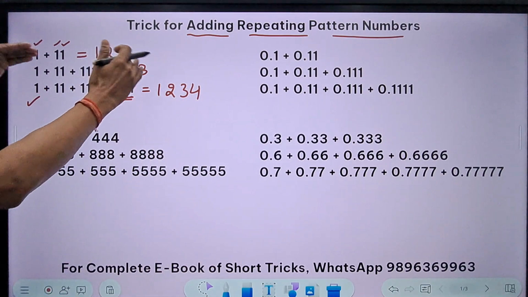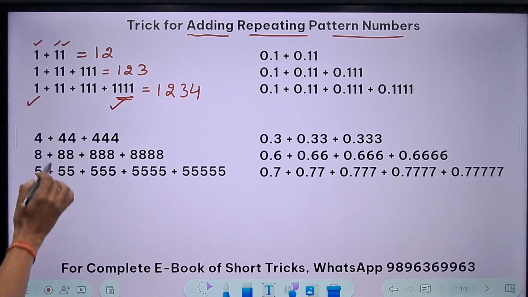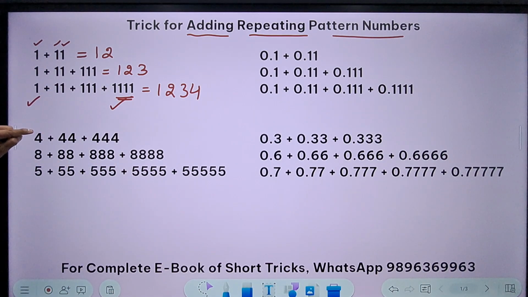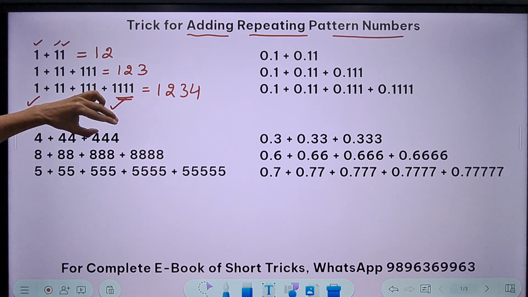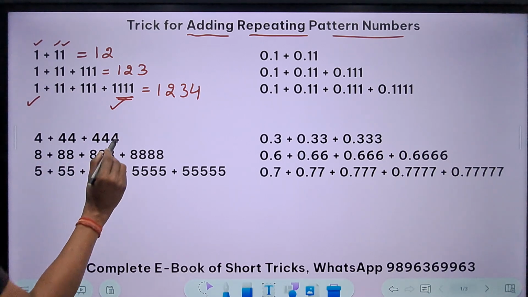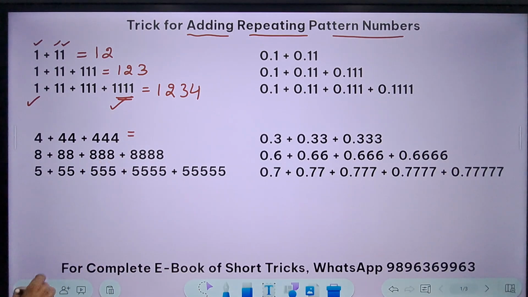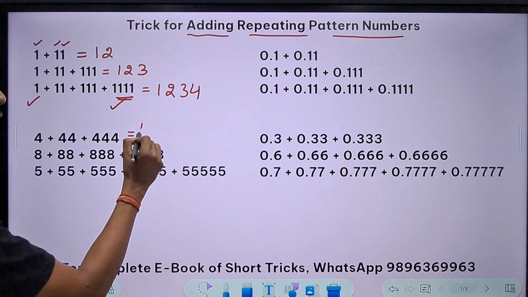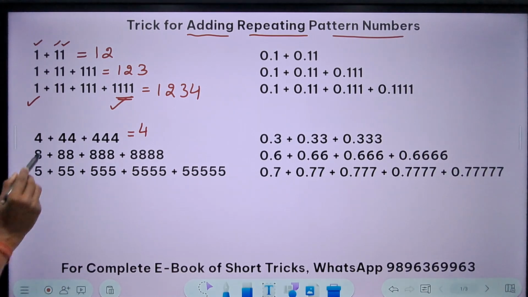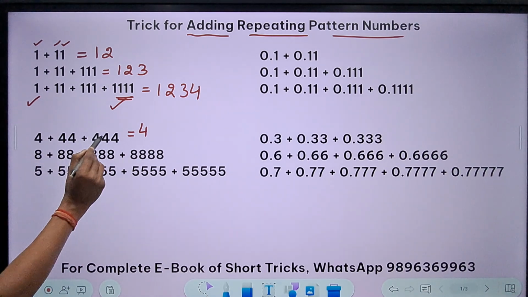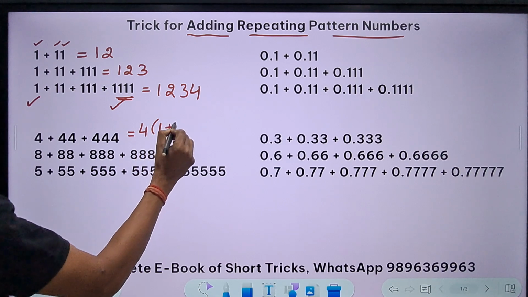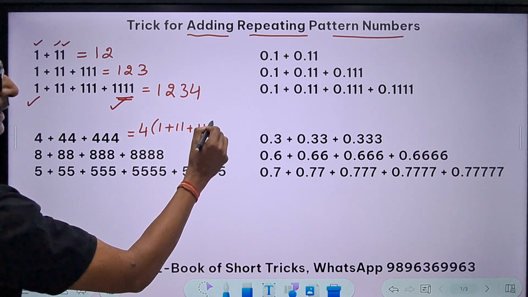Now, how do we apply this concept to add the numbers other than ones? Like here you have 4, 44 and triple 4 to be added. So when you have to do this, what I will do is take the 4 because 4 is a common factor among these numbers, and then the problem which is left out will be 1 plus 11 plus 111.